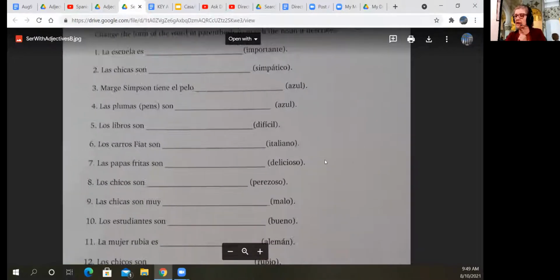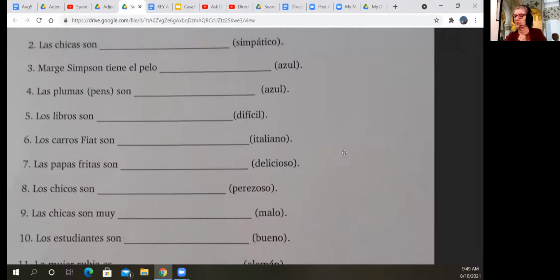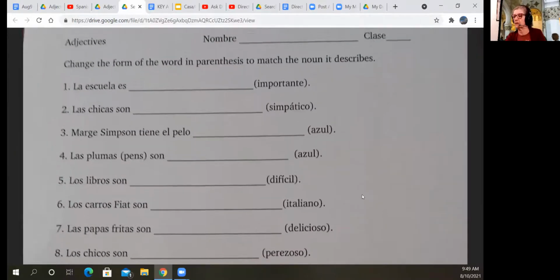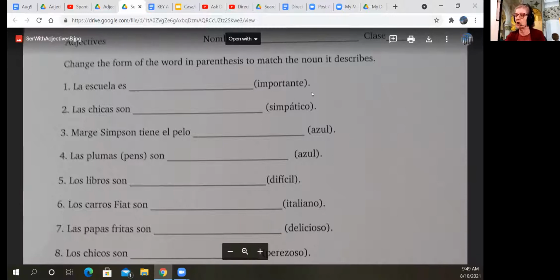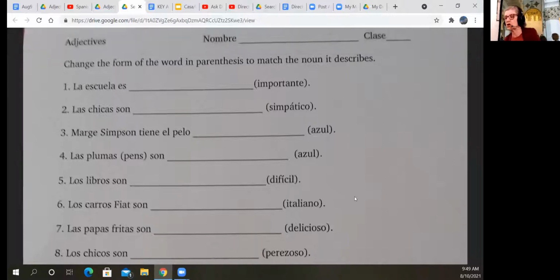Okay, and next we're going to take a look at this. We're going to maybe skip number 3 because we already talked about pelo azul. This is something I did for my high school students long ago. So we're going to take a look at what word is the correct response. I'm actually going to show a key.